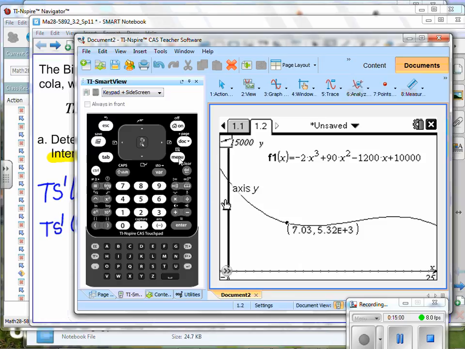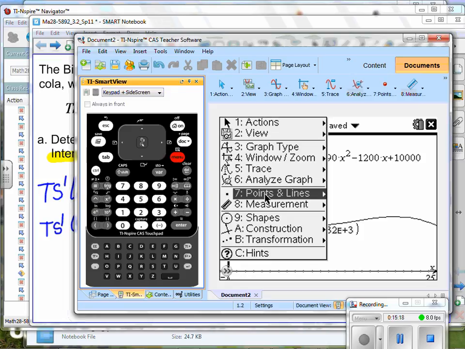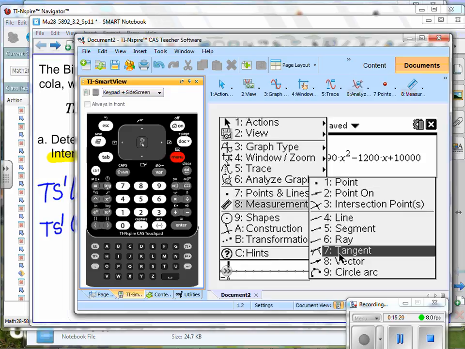And through that point, in order to show the derivative, you probably don't even need me to tell you. A derivative is a slope of a line. What line? A tangent line. Okay, so of course I need to draw a tangent. So I go back into menu. You guys know where to find that.